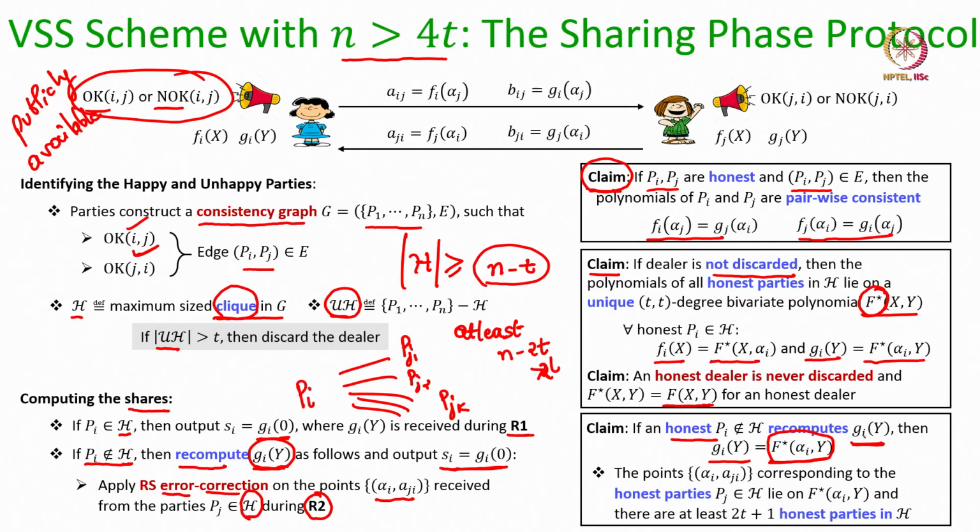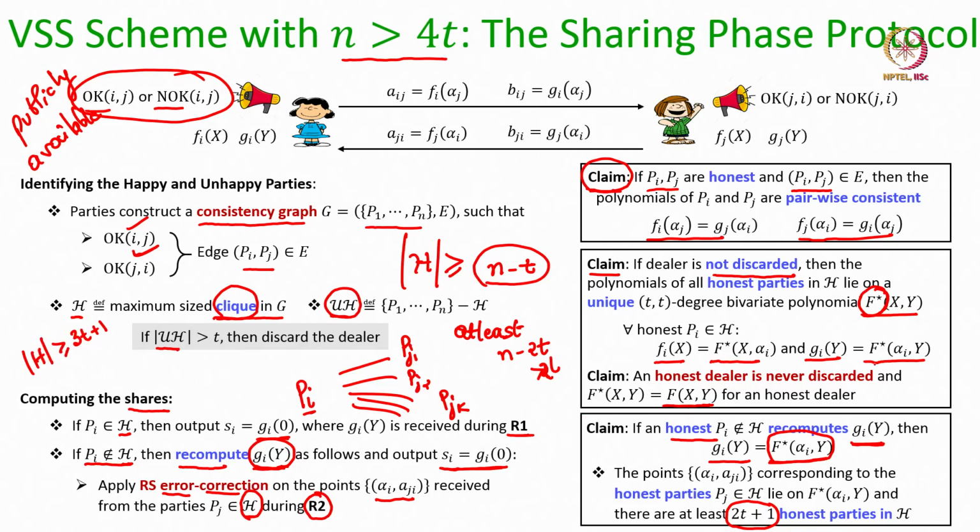Now, among all these parties in the happy set who would have sent the common points on their respective row polynomials to p_i during round 2, at least 2t plus 1 are guaranteed to be honest. Why so? Because the cardinality of the happy set is at least n minus t. That means the cardinality of the happy set is at least 3t plus 1.